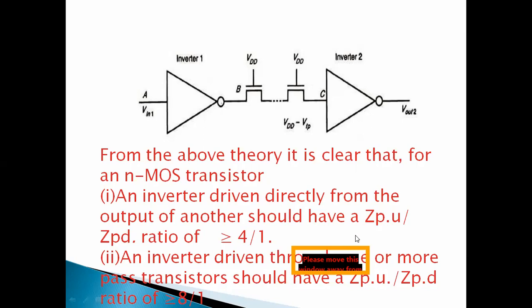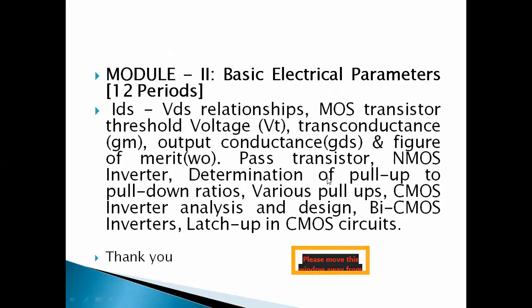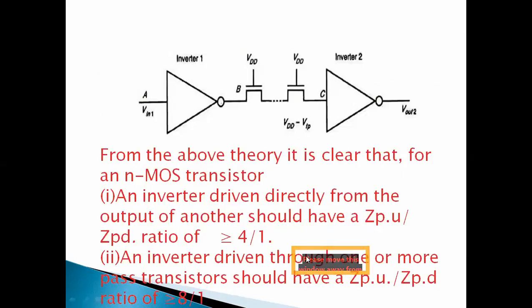It is 4:1 when one inverter is driven by another inverter. Second condition: an inverter driven through one or more pass transistors should have a Zpu to Zpd ratio greater than or equal to 8:1. Just remember that 8:1 is for when we have inserted a pass transistor.